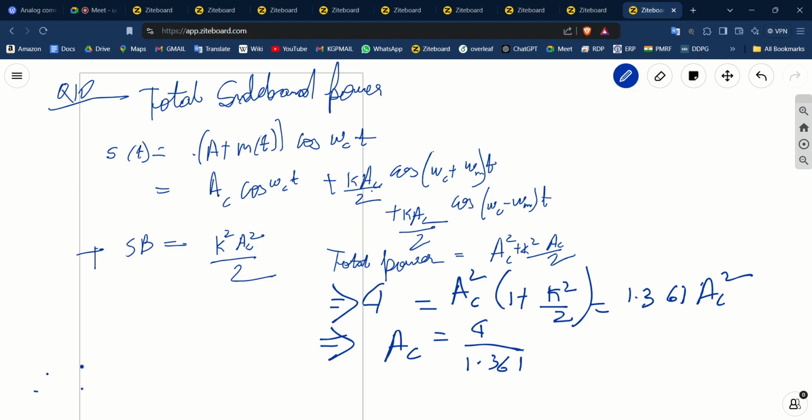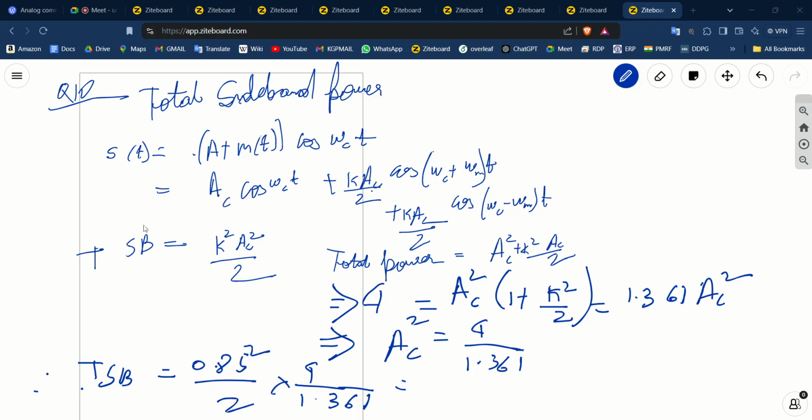Therefore, total sideband power is, AC square is 4 by 1.361. So it is 0.85 square by 2 into 4 by 1.361. So 4 into 0.85 square, 0.85 square into 4.